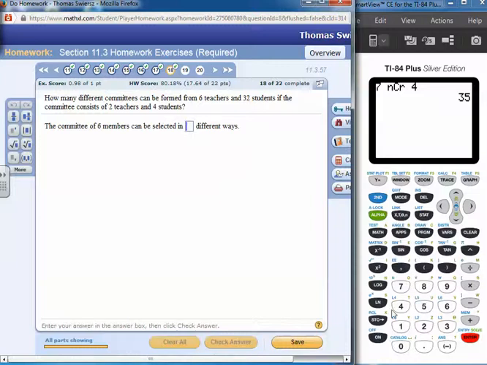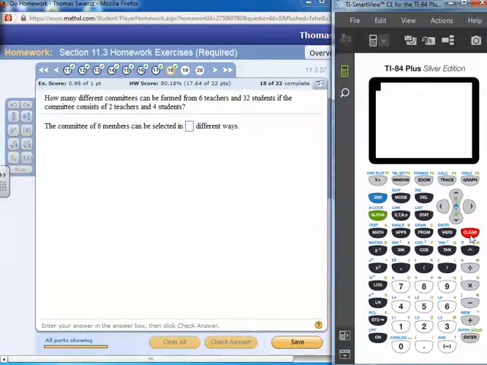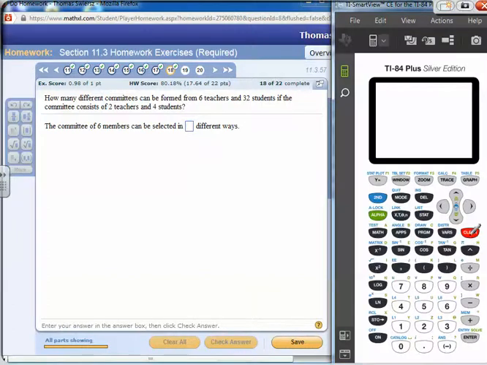All right, number 18. How many different committees can be formed from 6 teachers and 32 students if the committee consists of 2 teachers and 4 students? Now, we've got different groups, teachers and students, so we have to keep them separated. So we've got to first do the teachers. Now, what's the totals for the teachers? We're selecting 2 from a total of 6.